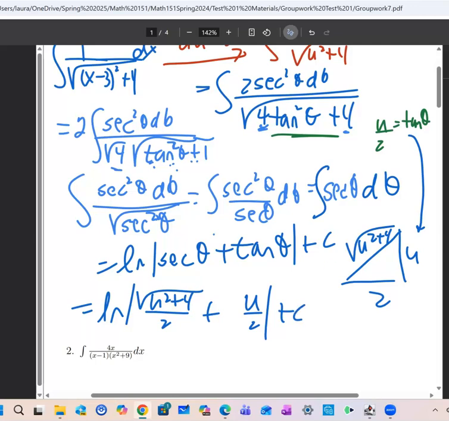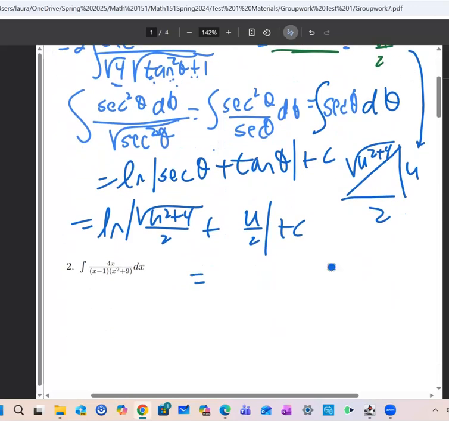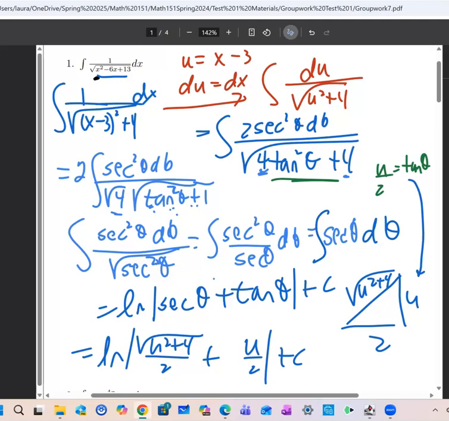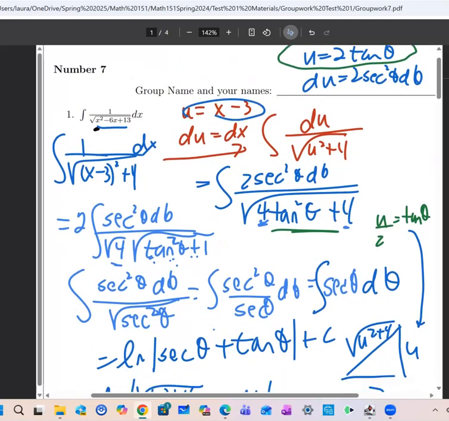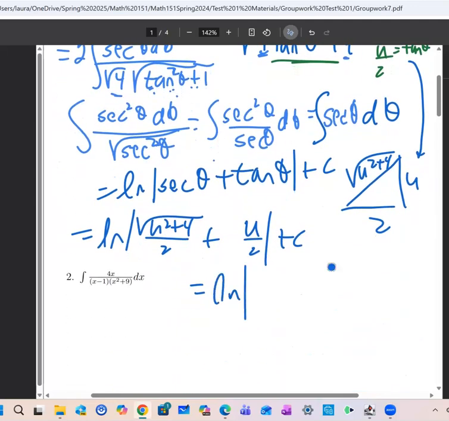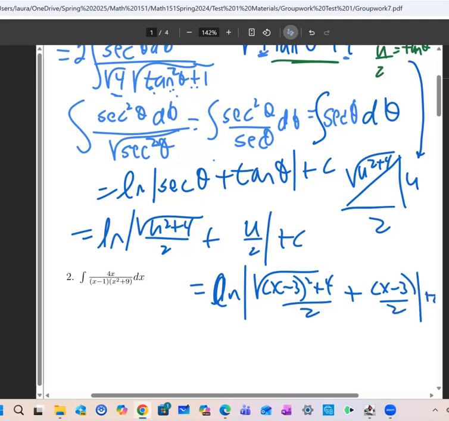And then the very last step here is to replace u with x minus 3. So I get ln, absolute value, the square root of x minus 3 squared plus 4, over 2, plus x minus 3 over 2, plus a c.